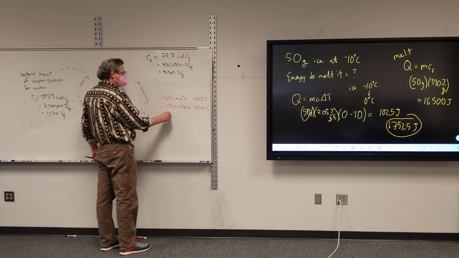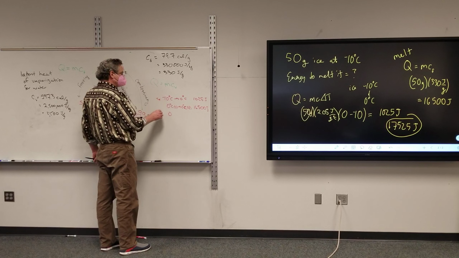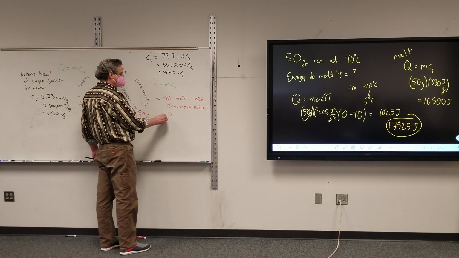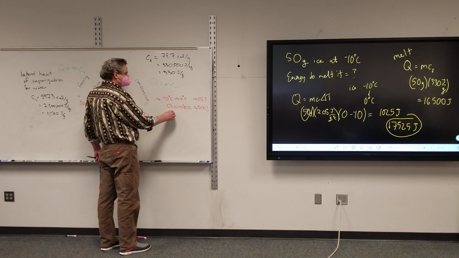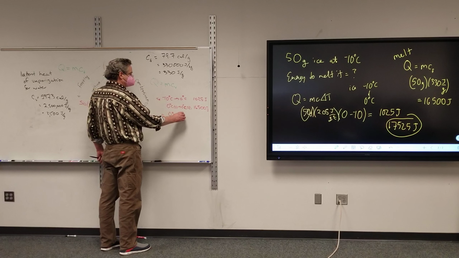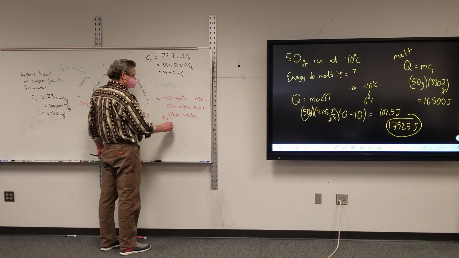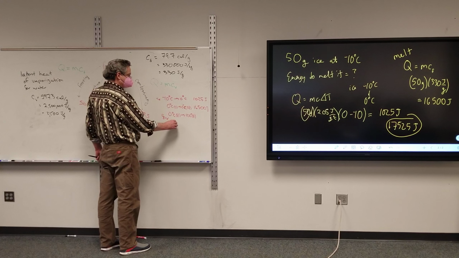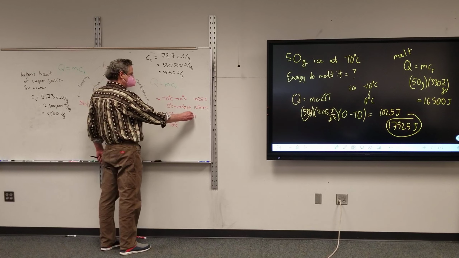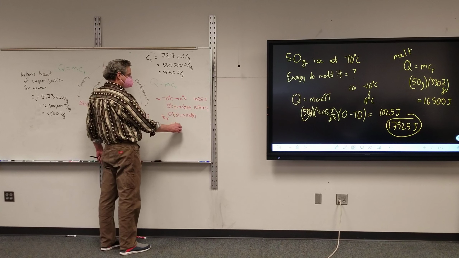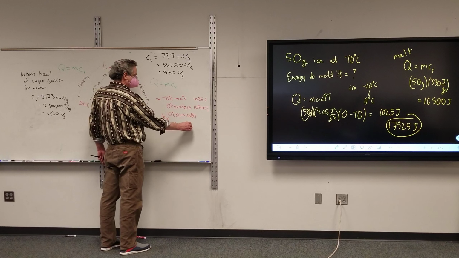And now we're going to take our liquid, so this is ice, this is liquid water, or what most people call water, 0 degrees Celsius in liquid form up to 100 degrees Celsius in liquid form. And then 100 degrees Celsius in liquid form to 100 degrees Celsius.